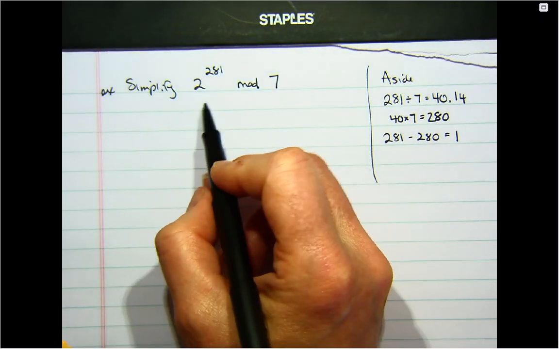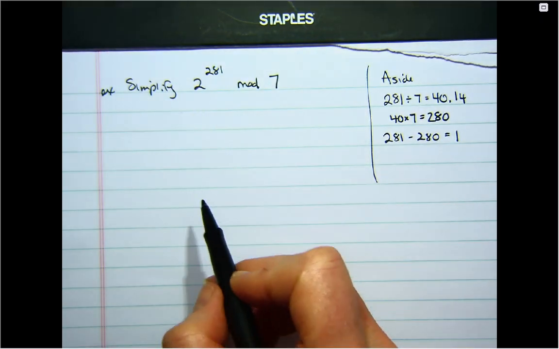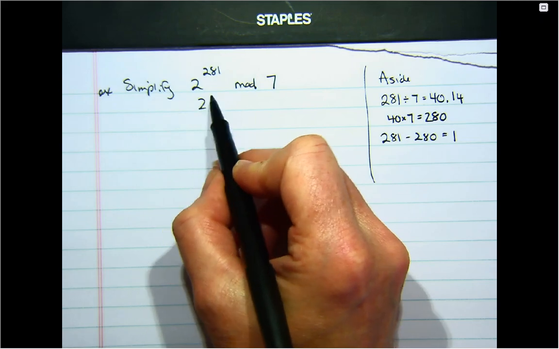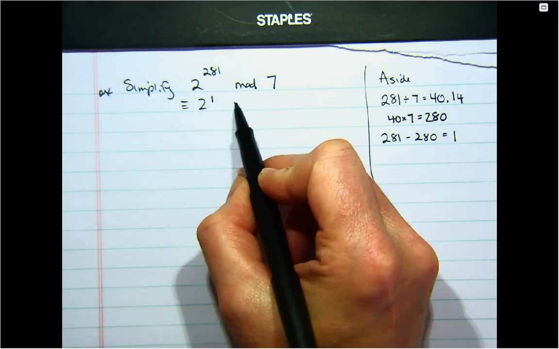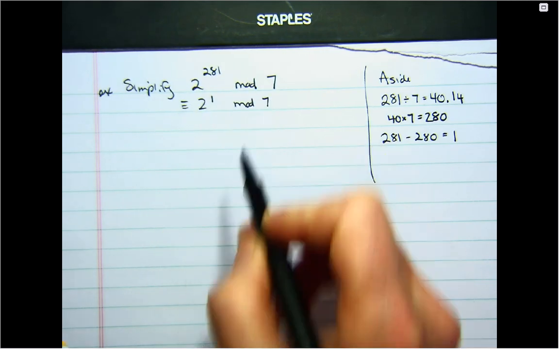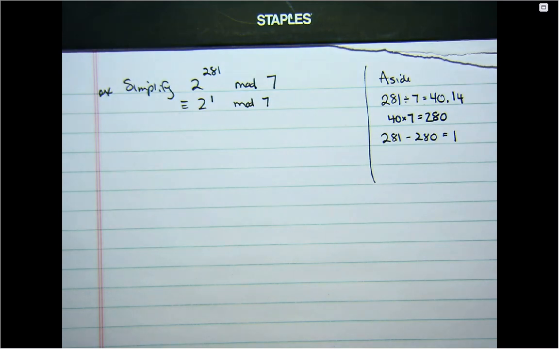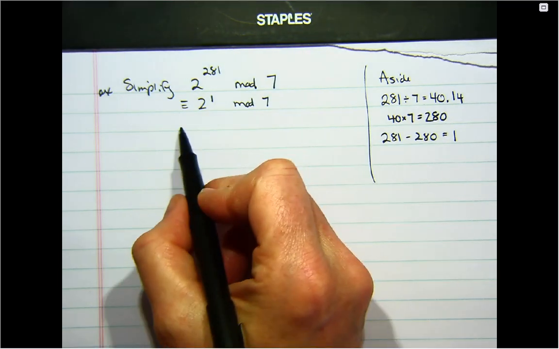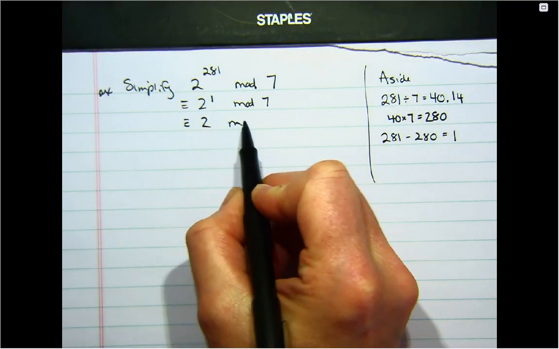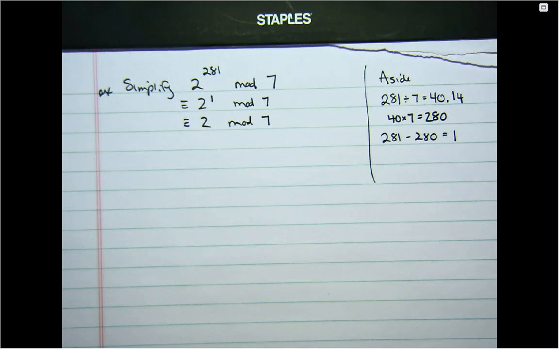So 2 to the 281 mod 7 is the same as 2 to the 1 mod 7. So that's just 2. That time we didn't have to simplify at the end. Anybody have any questions?